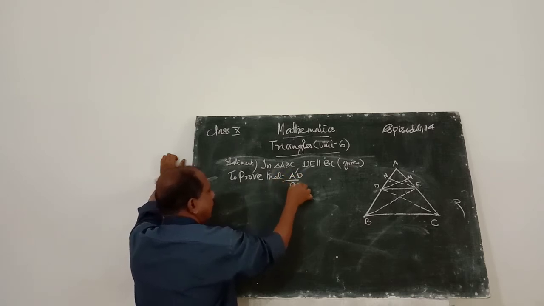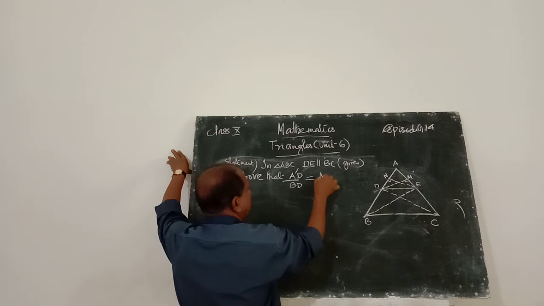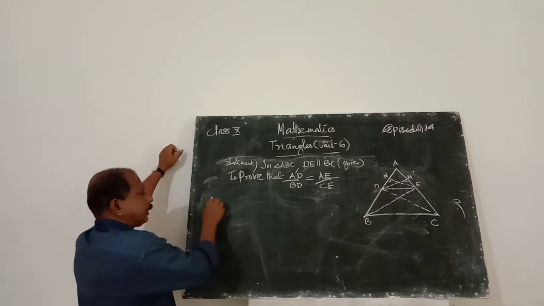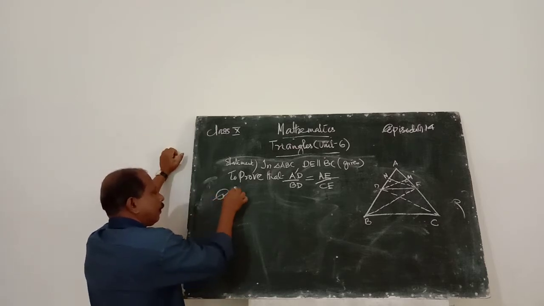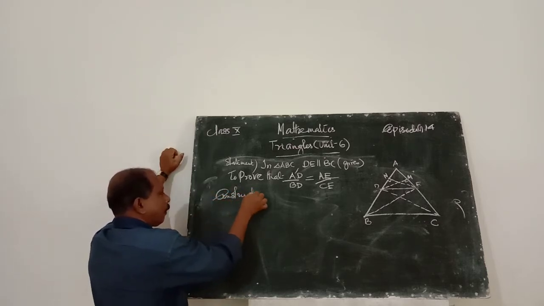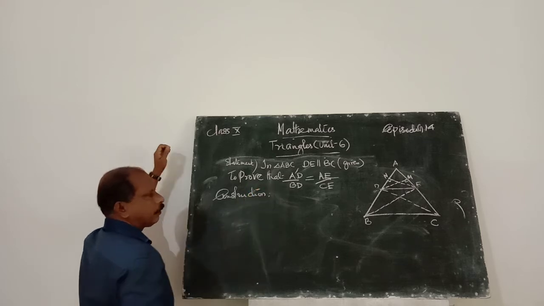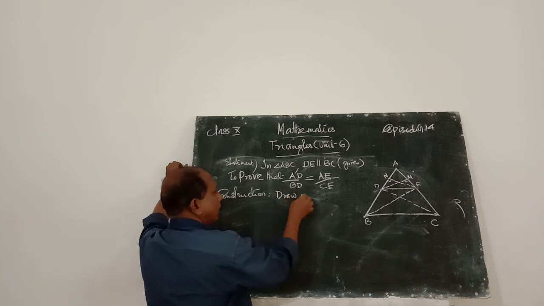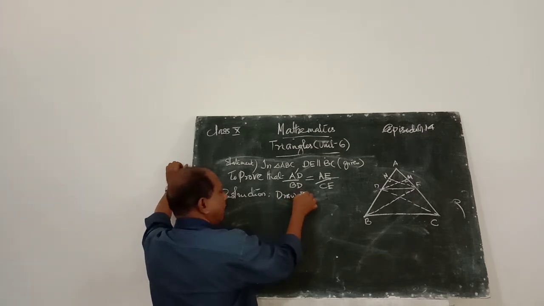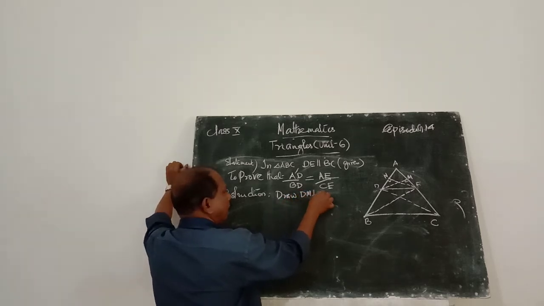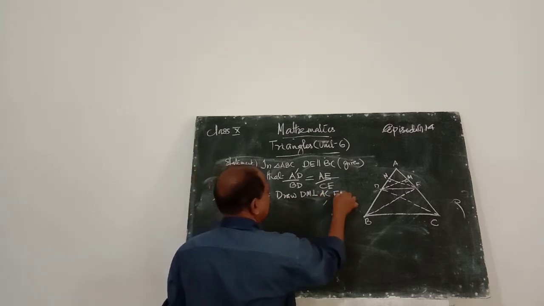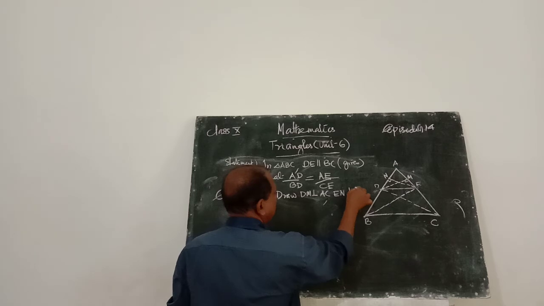We have to prove AD by BD is equal to AE by CE. Then the construction: draw DM perpendicular to AC and EN perpendicular to AC.